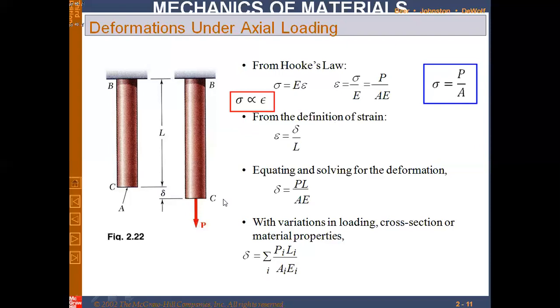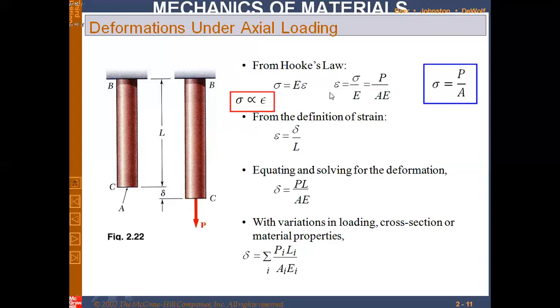Here, the external loading is P, whereas the resisting area is A, so sigma is equal to P by A. So in this equation, instead of sigma, we could put P by A, and the equation would become epsilon is equal to P by E A. And by the definition of the strain, change in dimension per unit original dimension, where the change in dimension is delta and the original dimension is L, epsilon is equal to delta by L.